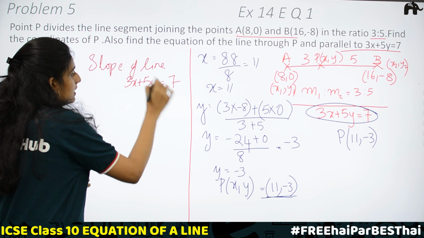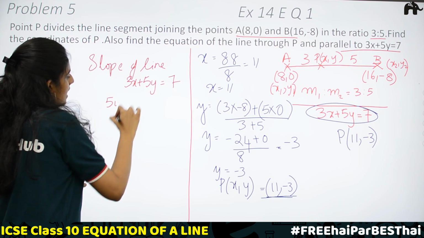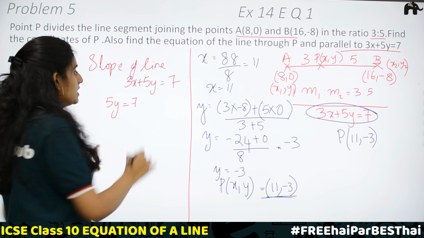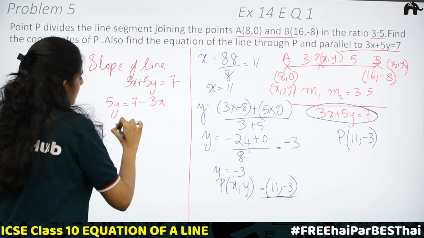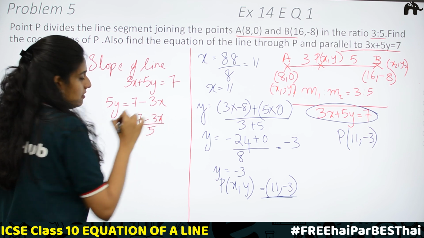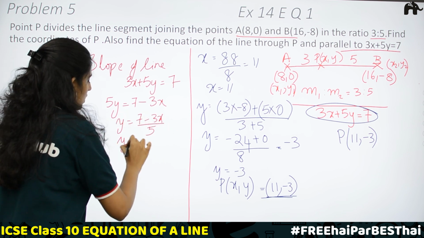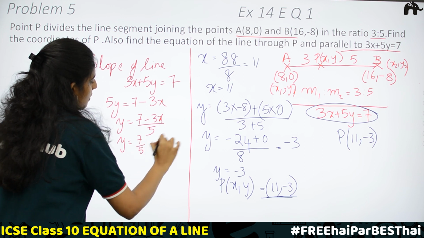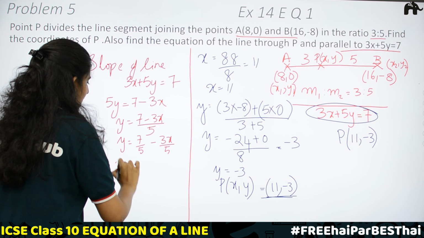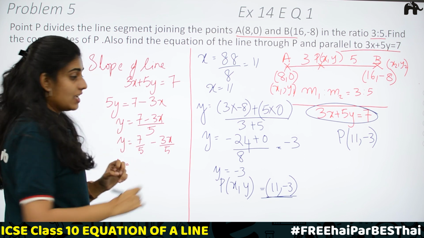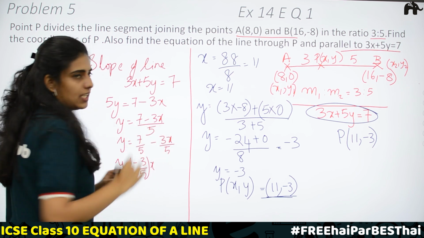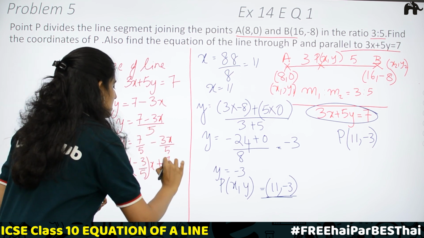We will keep the y containing term on the left hand side. 5y is equal to 7. 3x taken to the opposite side becomes minus 3x. Then y is equal to (7 minus 3x) divided by 5. Or y is equal to 7 by 5 minus 3x divided by 5. Okay. y is equal to minus 3 by 5 into x, just by rearranging, plus 7 by 5.